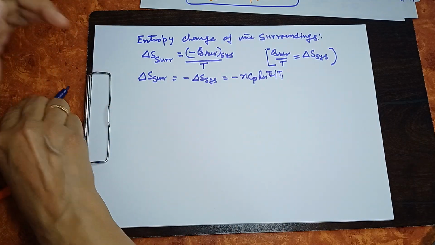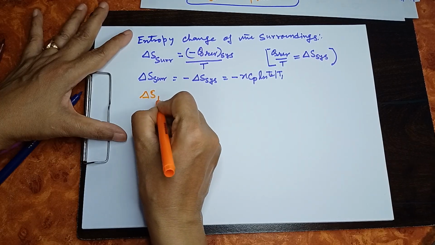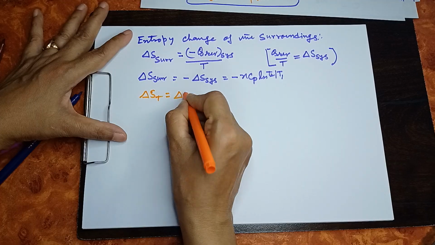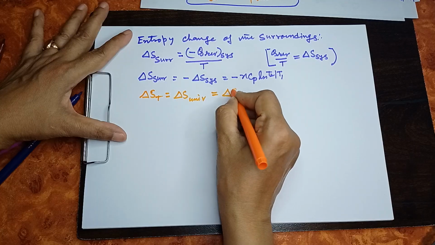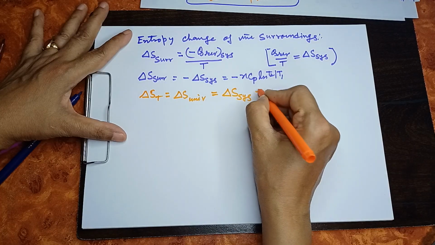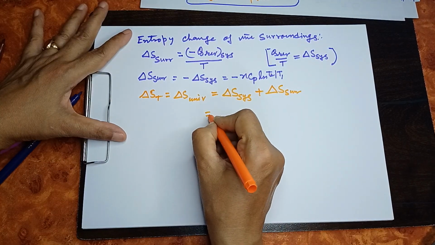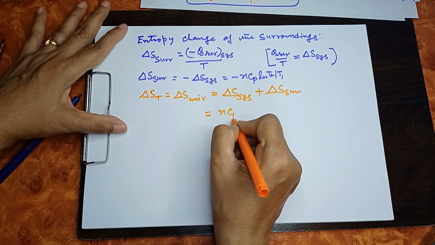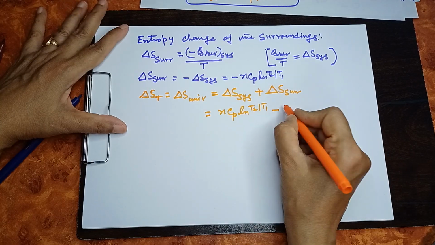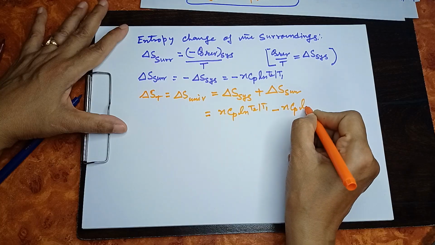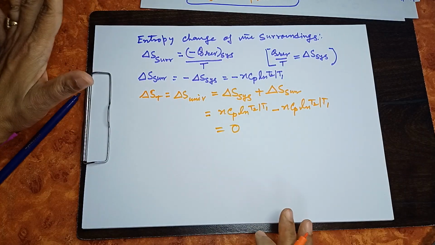Therefore the total entropy change in the isobaric process, that is the entropy change of the universe, which is the entropy change of the system plus the entropy change of the surroundings, is equal to nCp ln T2 by T1 minus nCp ln T2 by T1, that is equal to 0.